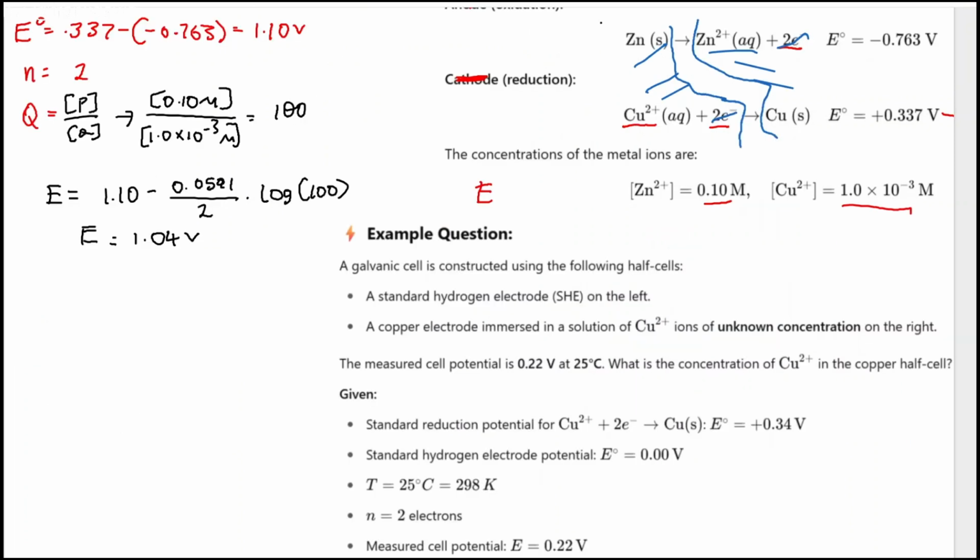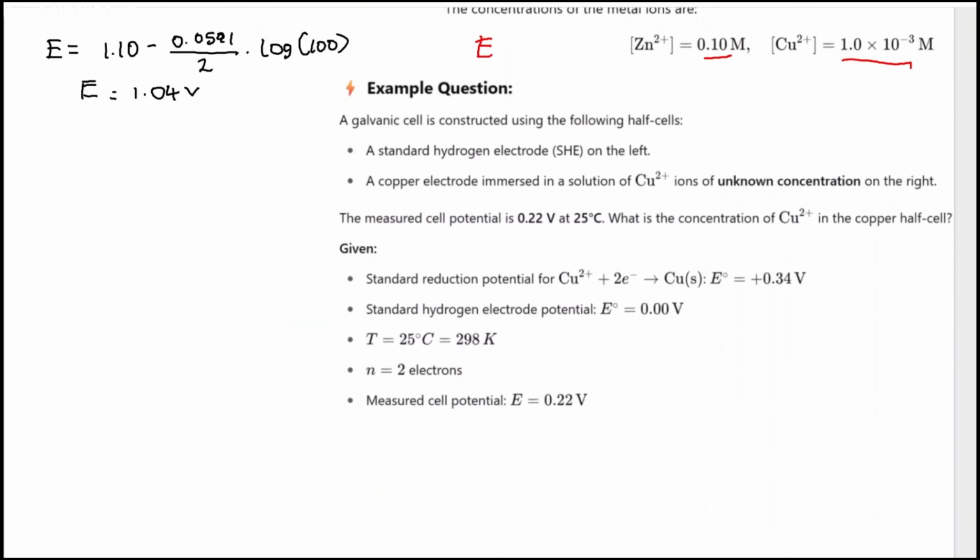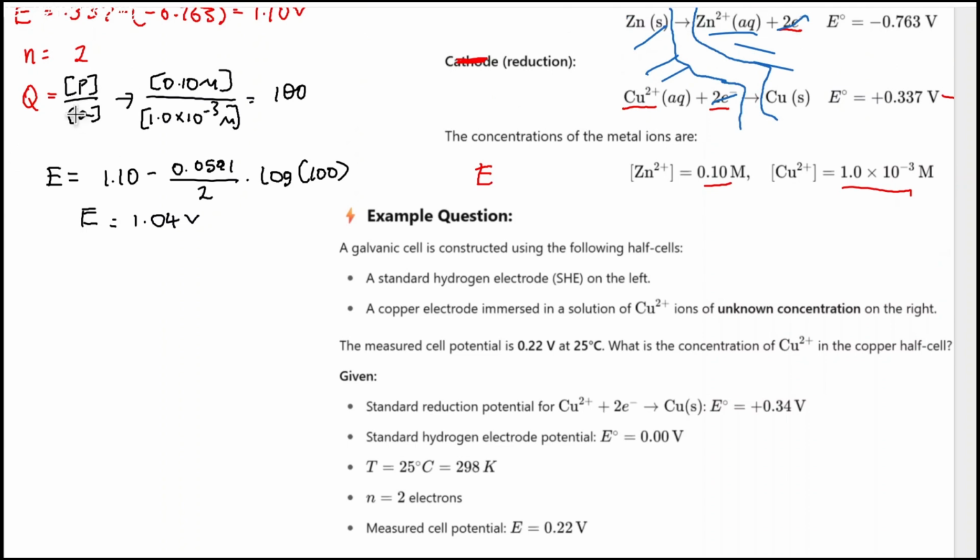Now next up, I'm going to be doing a problem where you have to find one of the concentrations. So up here, in the Q, let's say you have to find this one, the product concentration. And I'm also going to try to do that quickly for time's sake. So for this one, we read it quickly. The standard hydrogen.